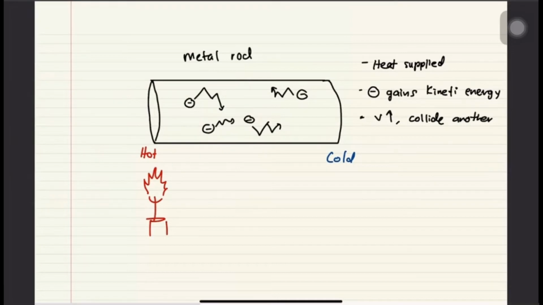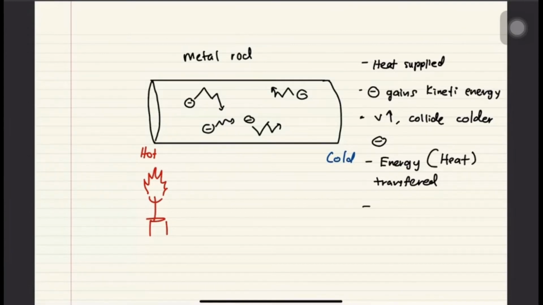So I change this one to a colder electron, or an electron that has less energy. So energy is transferred, which is heat, and then the temperature also increases.